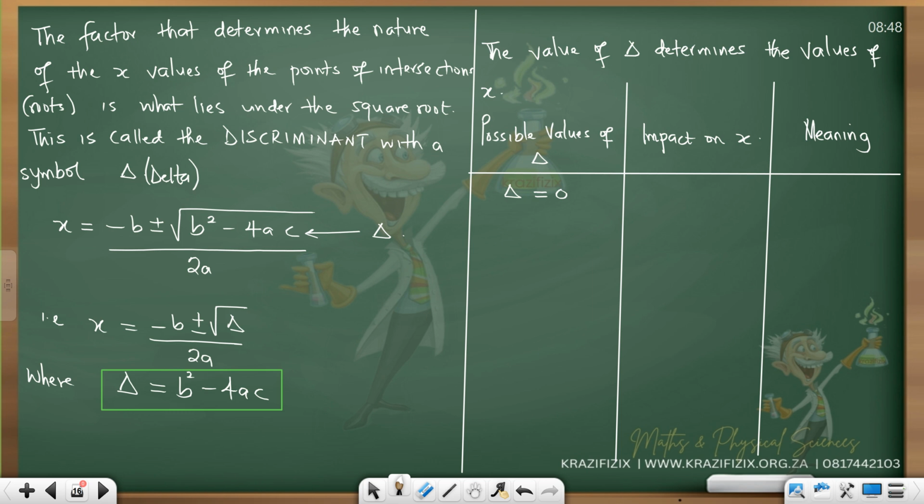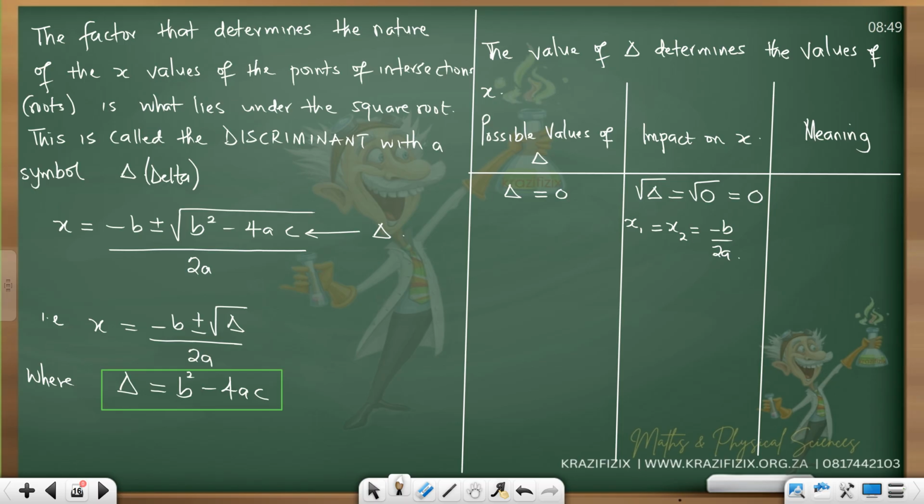It simply means that the square root of delta will be the square root of 0, and that is 0. X1 will therefore be equal to minus b over 2a. X2 will also, let me put it in one line: x1 will be equal to x2, which is minus b over 2a.